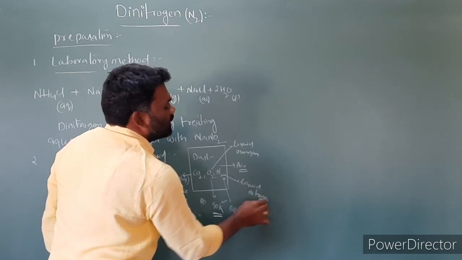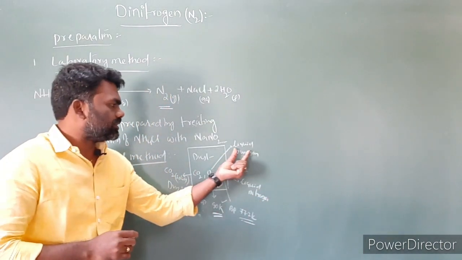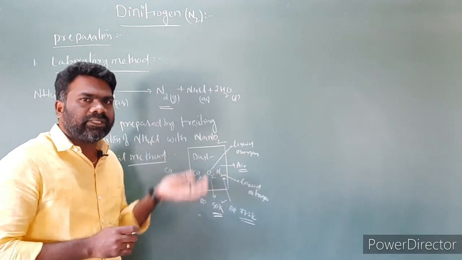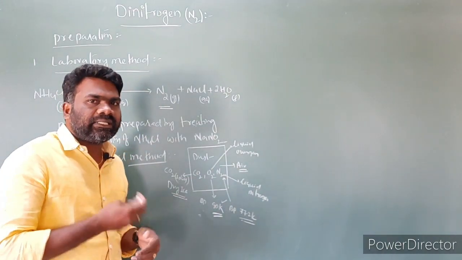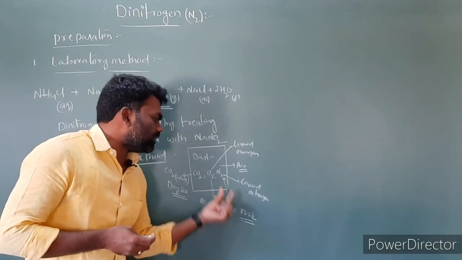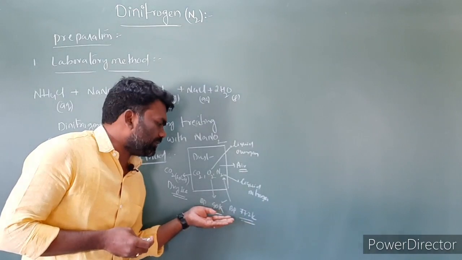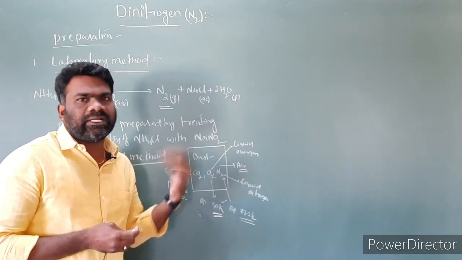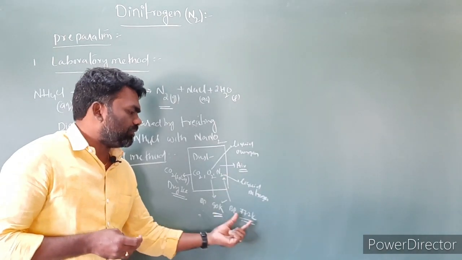So first we did the liquefaction of gases, and got liquid oxygen and liquid nitrogen. Then we raise the temperature slowly. Oxygen's boiling point is 90 Kelvin, nitrogen's is 77.2 Kelvin. When the temperature reaches 90 Kelvin, the liquid oxygen converts into gas state, while nitrogen remains in the liquid state.